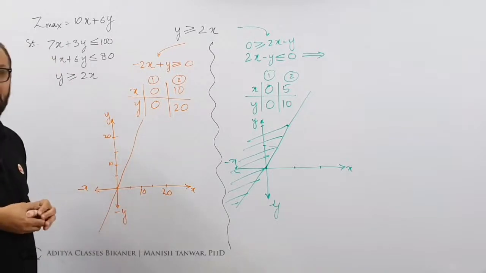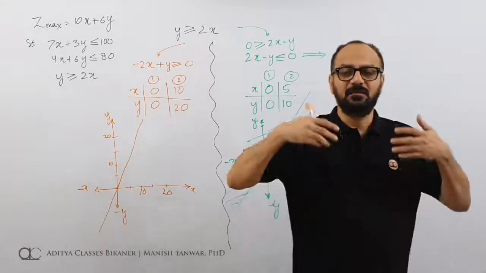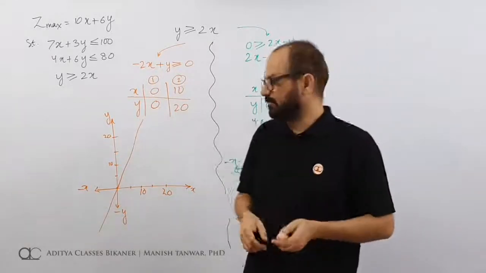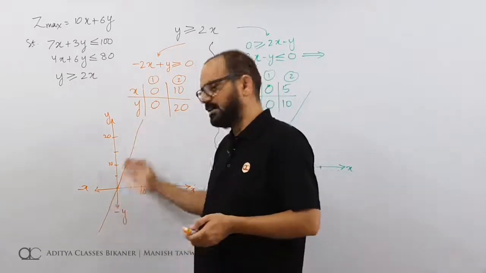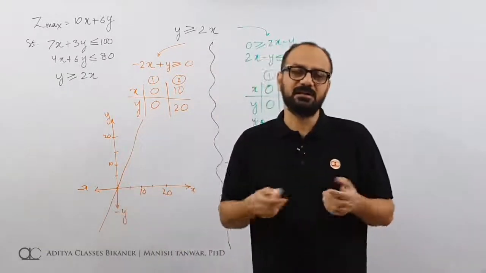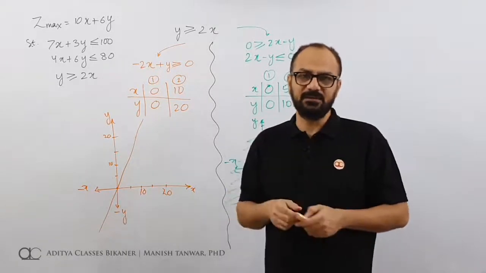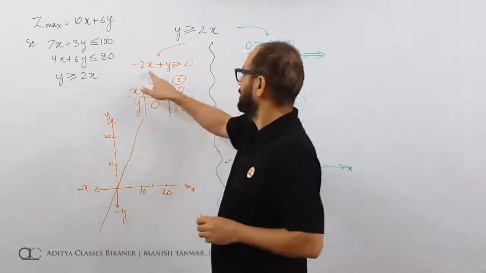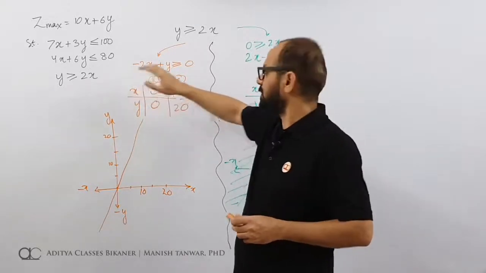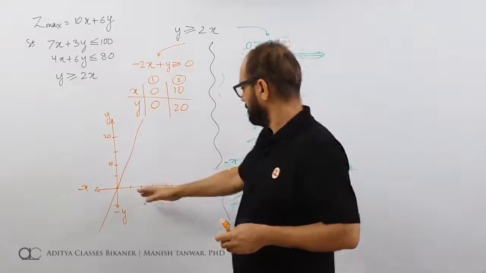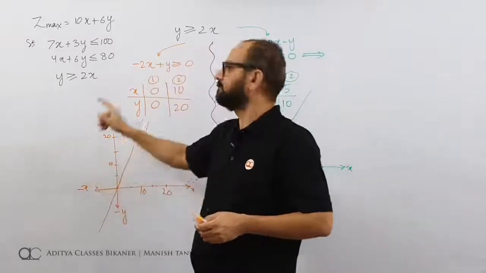Once again, I decide upon less than or greater than area depending on the placement of origin. But this time my line itself is passing through origin. So how do I decide? Who tells me which is the less than or greater than area? Coefficient of x. Coefficient of x is negative. So for this constraint, all this will be greater than area.